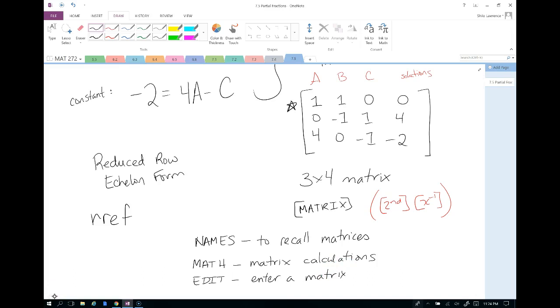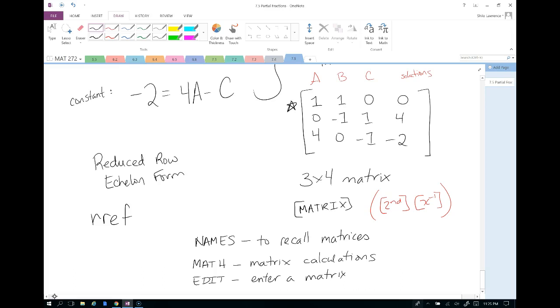So when you're on your matrix screen, if you arrow over to the edit list, you're just going to see a giant list of letters. And these are just different places where you can store your matrix. As long as you don't have a matrix already in there that you're trying to save for something, the easiest thing to probably do is just put it in matrix A, which is option number 1.